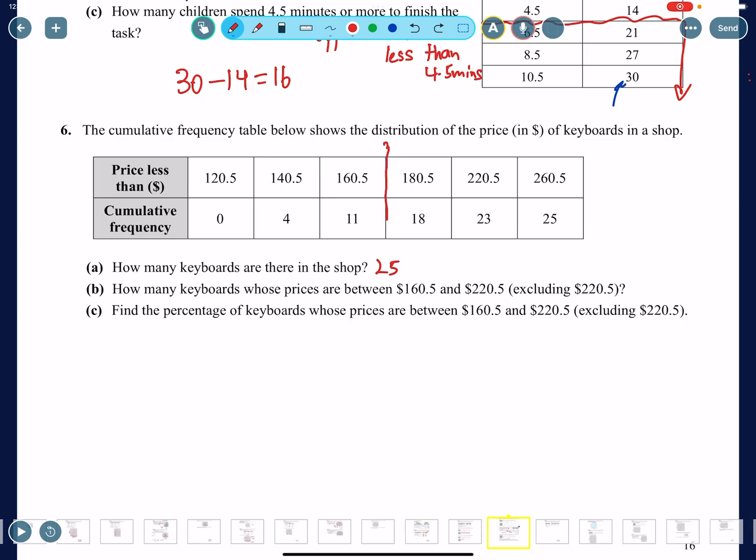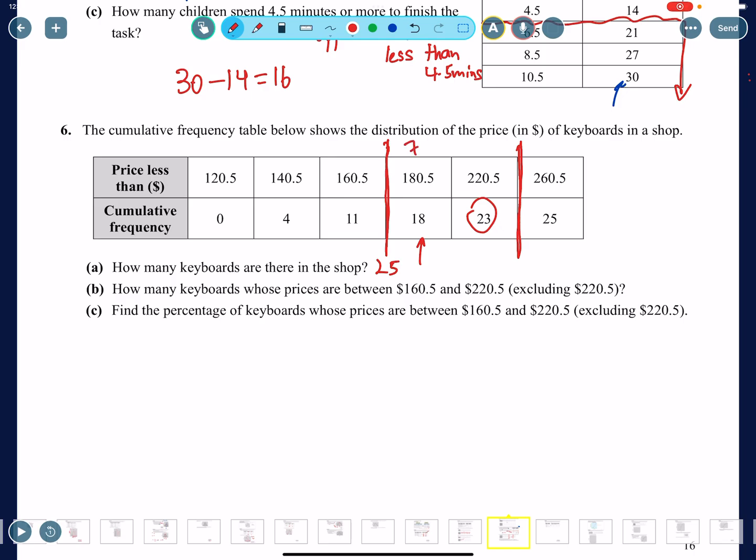So we have to have a border here, and then less than 220.5, right? Now this number is including all of these, 23. It's including them, right? Now if you want to find how many are only for this one, it's 18 minus 11, 7.